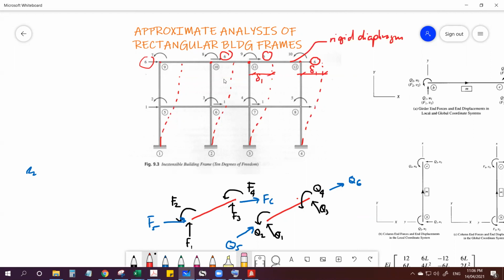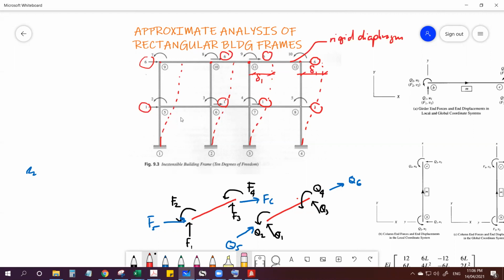So same goes with the second floor. So here we assume the lateral sway of the frame as code 1. So that kind of approximation will drastically decrease the stiffness matrix of this whole structure, right?